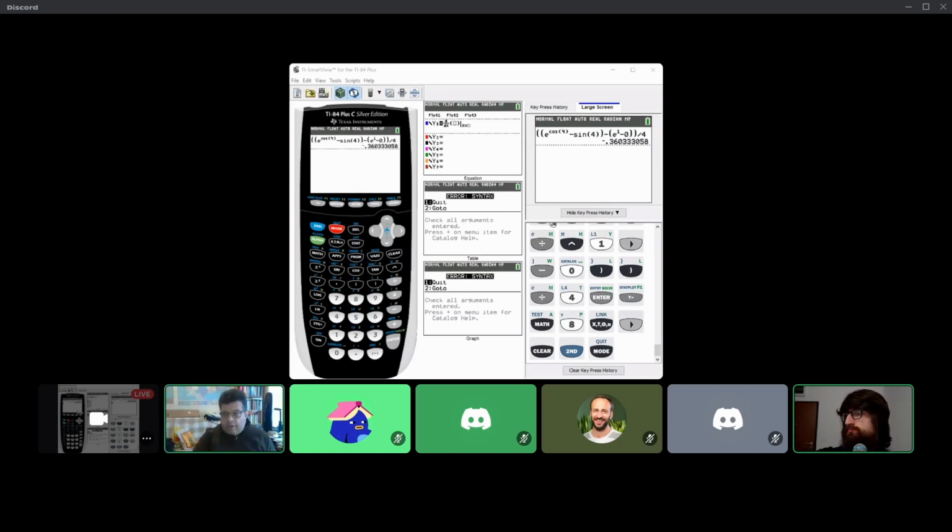Also, this model of a calculator cannot give you the formula for the derivative. The other model can. Would it be faster to find the derivative by hand and then substitute the values with the calculator?